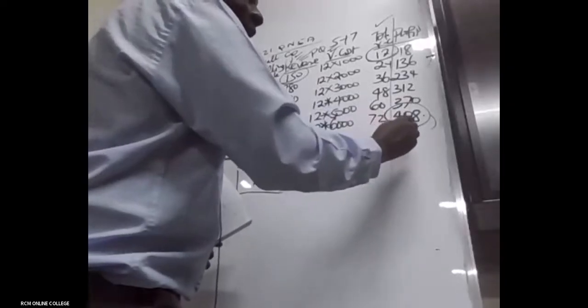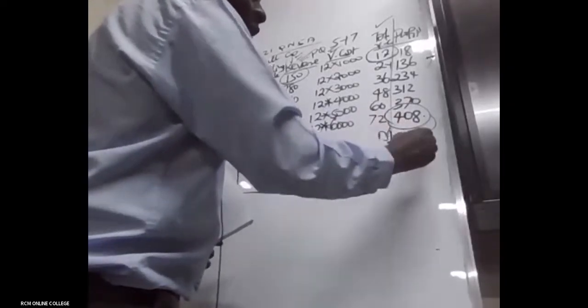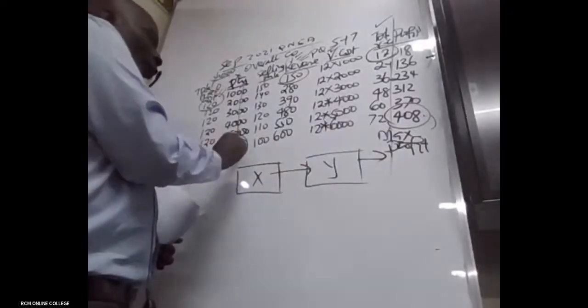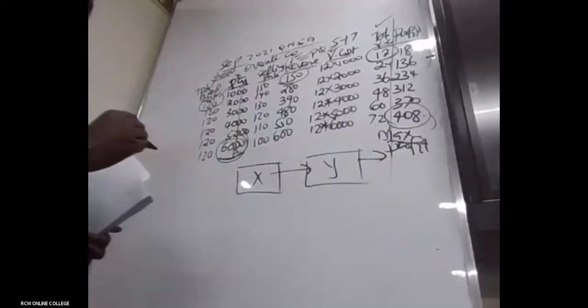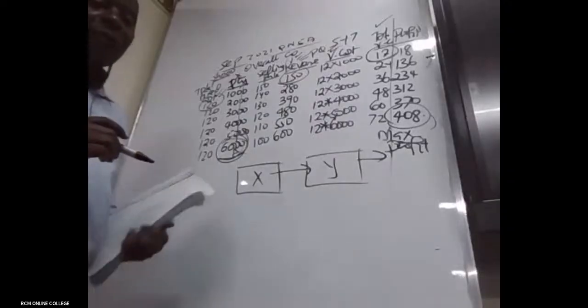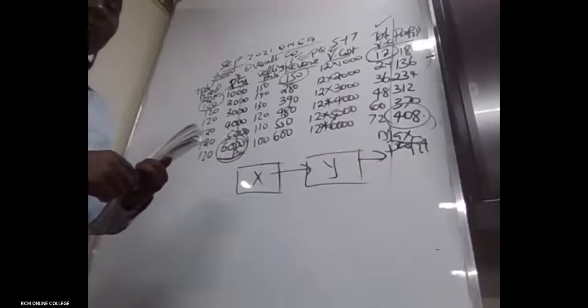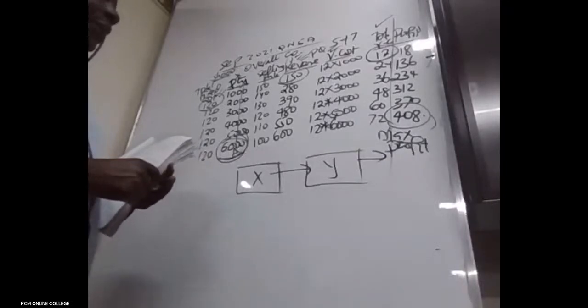Still, this 48 is the maximum profit. Therefore the maximizing output will be 6,000 still. The profit maximizing output is 6,000 units.